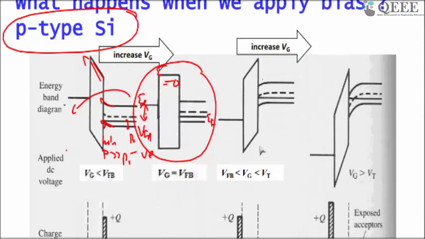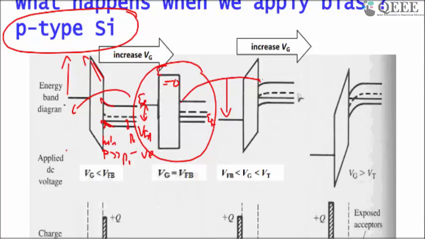You keep on increasing the negative bias. On the other side, if you go for a positive VG, that means you are going to pull the metal side down. Then the band starts bending down. It tries to follow the gate bias, so if the gate goes down, the oxide and the semiconductor try to go down.